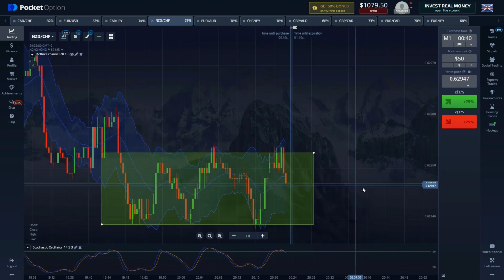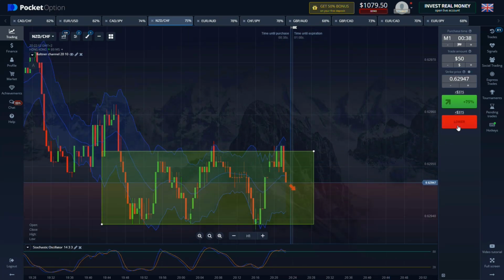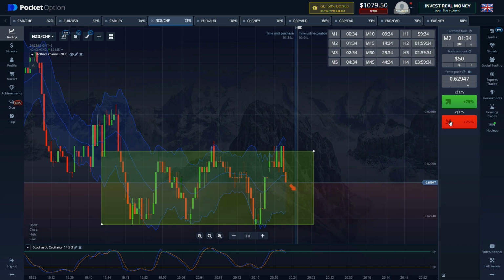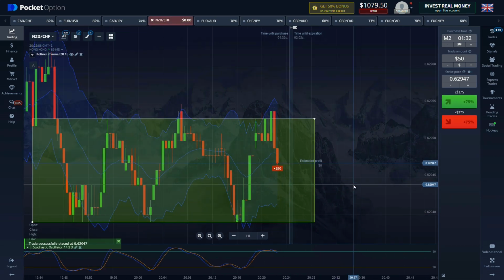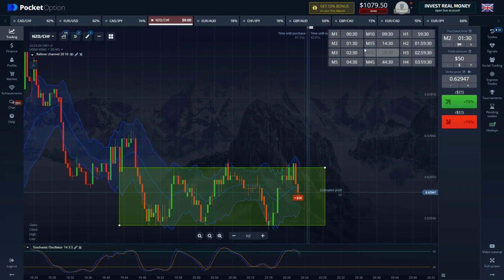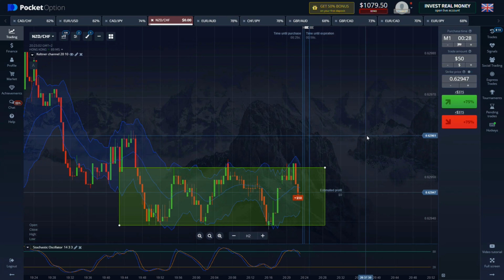Oh, that's a perfect trade. Let's go trade for 2 minutes. Market hits the resistance line, then came back. It will go back to the support line.